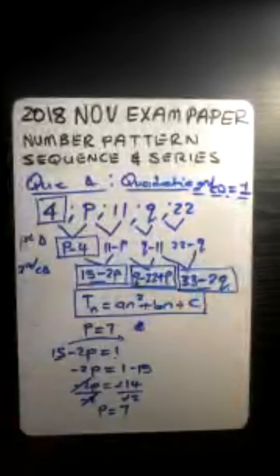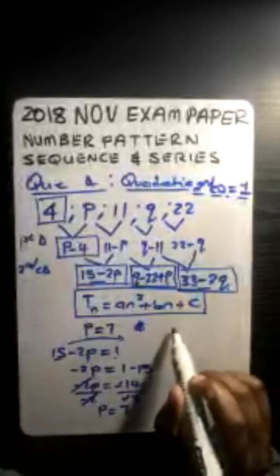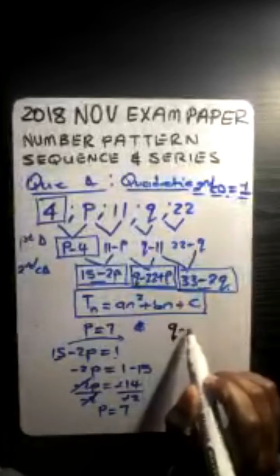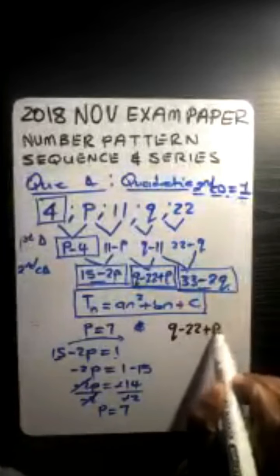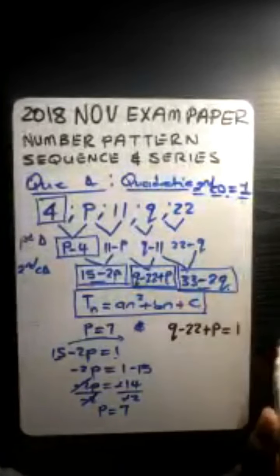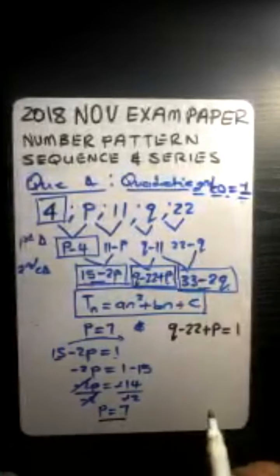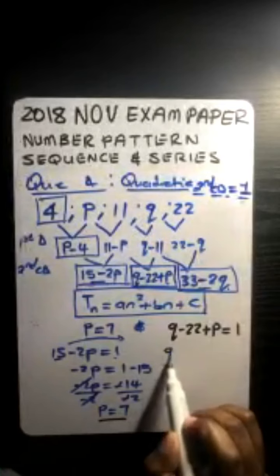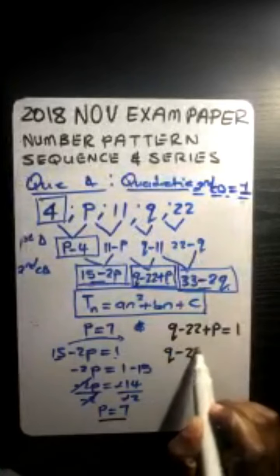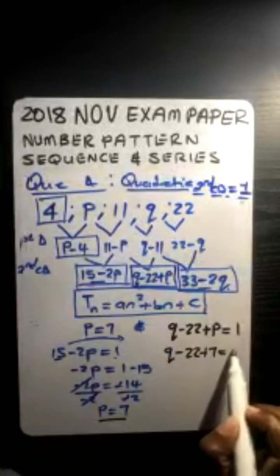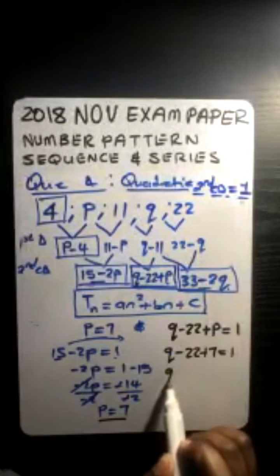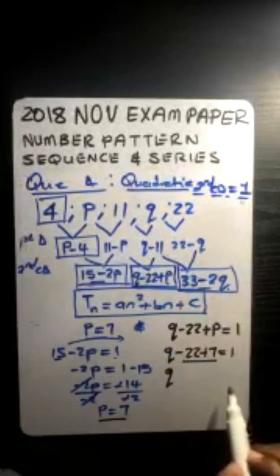So you are going to see Q minus 22 plus P is equal to 1. Then what is your P value? Your P value is 7. So it means Q minus 22 plus 7 is equals to 1. What is this, ladies and gentlemen?